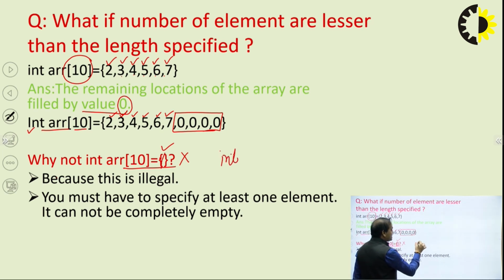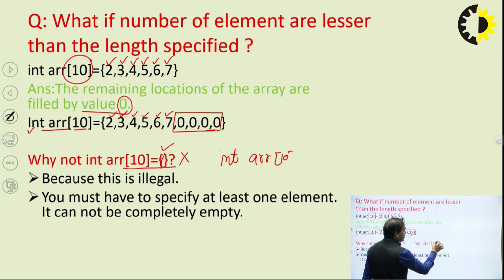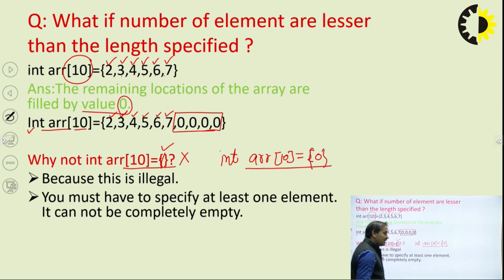If we write int arr[10] equal to 0, then this array is valid, but an empty one is not a valid declaration of an array, and this is illegal. You must specify at least one element. It cannot be completely empty.